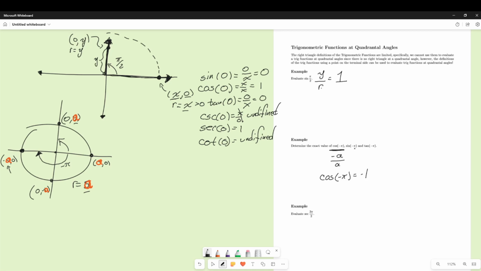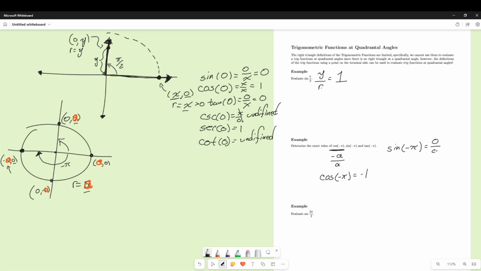The sine is going to be the y value over the radius, and at negative pi, the y value is 0, so it'll be 0 over the radius, whatever that radius happens to be.